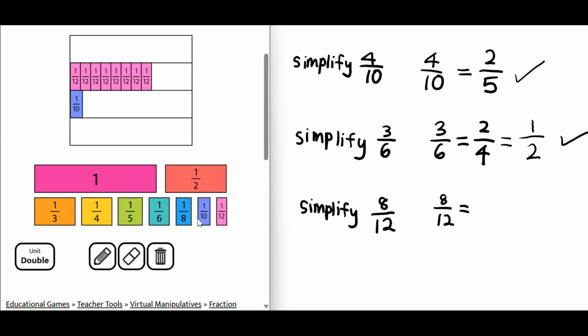Let's try. Okay, this doesn't work, so it means I shouldn't be using 10 as my denominator.